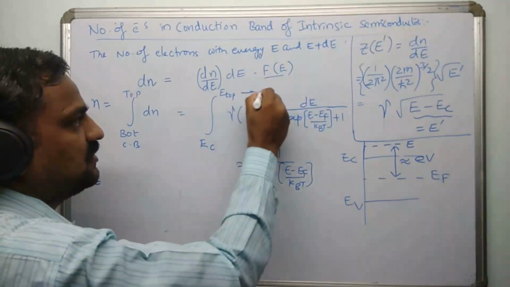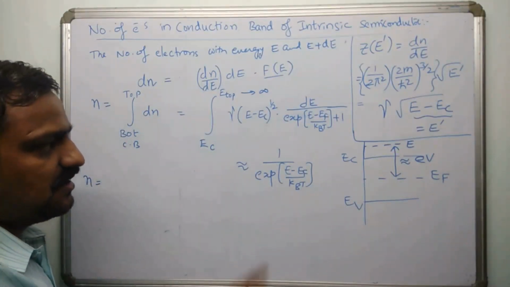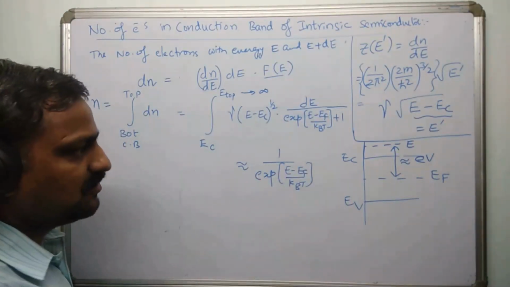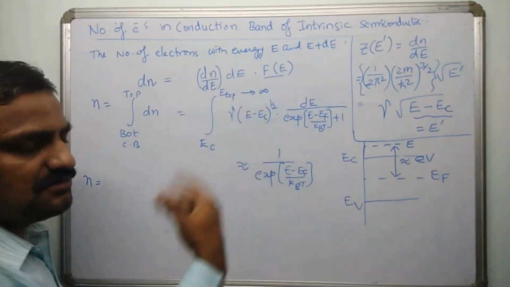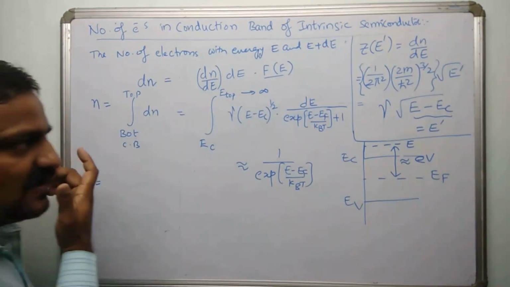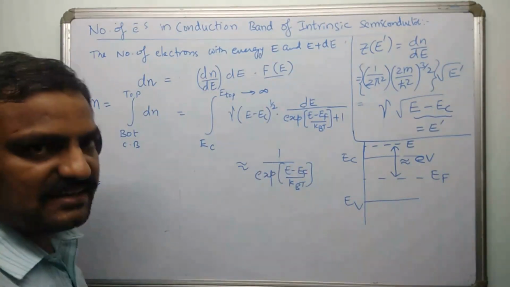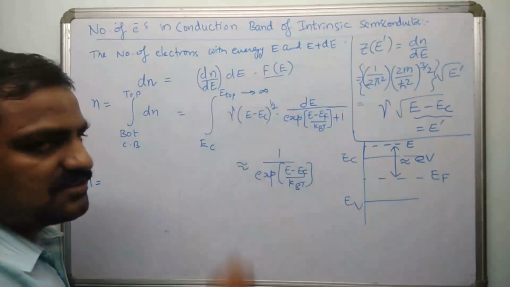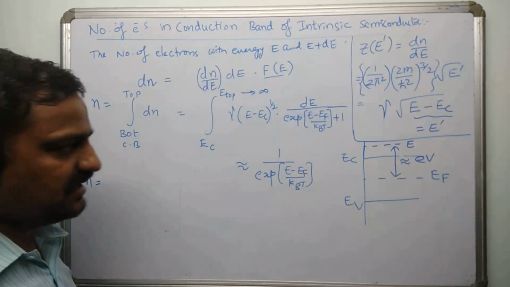Why? Because as you increase the energy to larger values, this expression falls exponentially very quickly, so even if you extend the integral to infinity, it is not going to make any harm to the integral. As this term is quickly dying out, you can simply extend this to infinity, only for mathematical simplicity.